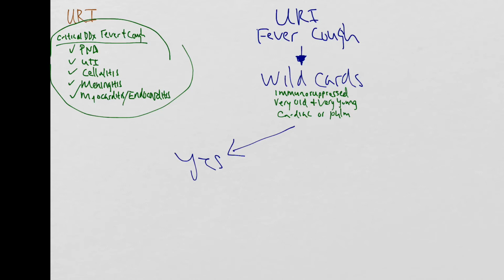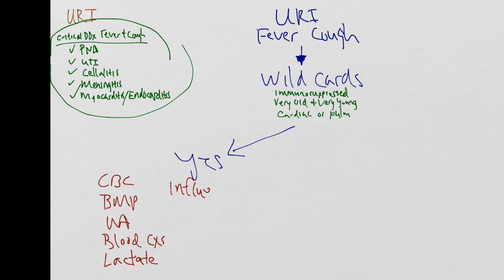So for your workup, you could consider getting a CBC, a basic metabolic panel, a UA to assess for UTI, blood cultures, lactate, an influenza swab, and finally a chest x-ray to assess for pneumonia.